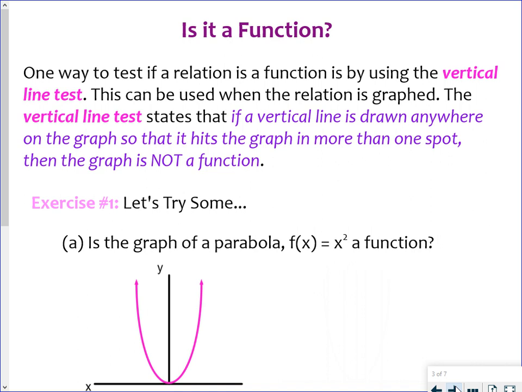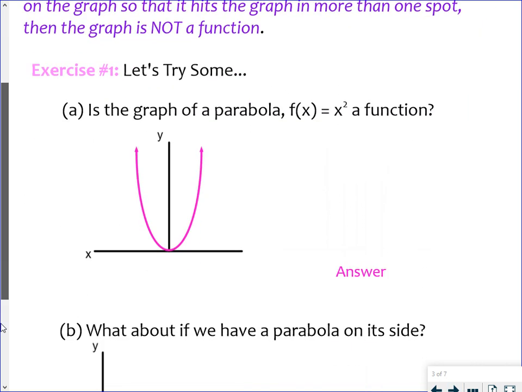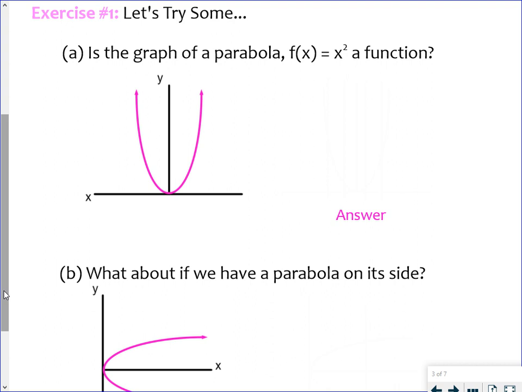So we're going to try our most common parabola. f of x is x squared. We want to know, is this a function? So we have our parabola here, and we're drawing our vertical line test. We sometimes want to draw a couple, because sometimes the width of our graph is going to be different in different spots.